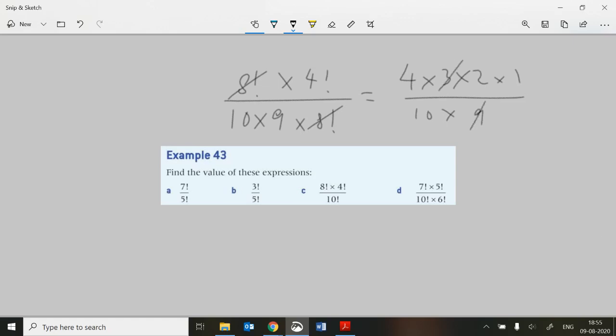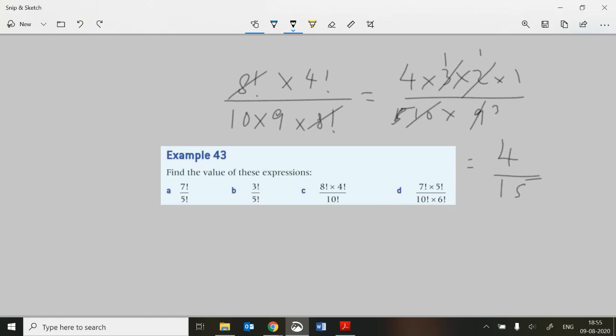And we can see there are 3 threes that cancel with the 9, so 1 three there and 3 threes on the bottom. A 2 can cancel with the 10, so we've got 1 two there and 5 twos there. And you can see you're getting 4 times 1 times 1 times 1. That's this on the top. I mean, should be fairly obvious to you. And then you've got a 5 times 3 on the bottom, so 4 15ths there. Okay. And likewise, you can do the same with D as well.